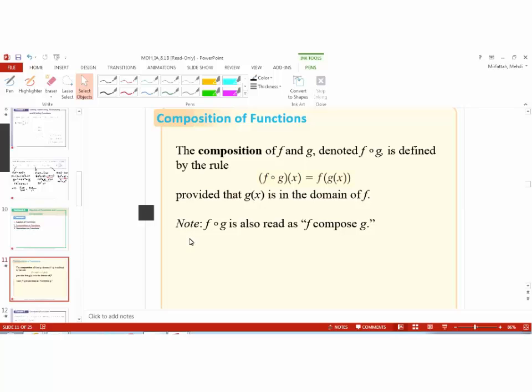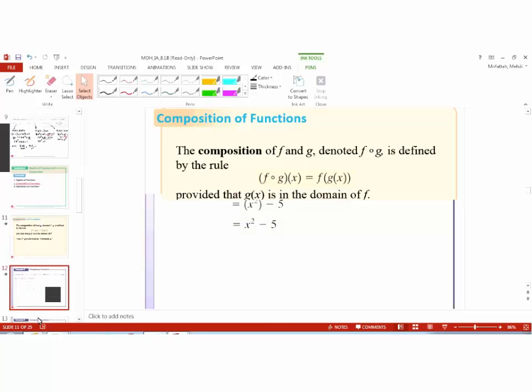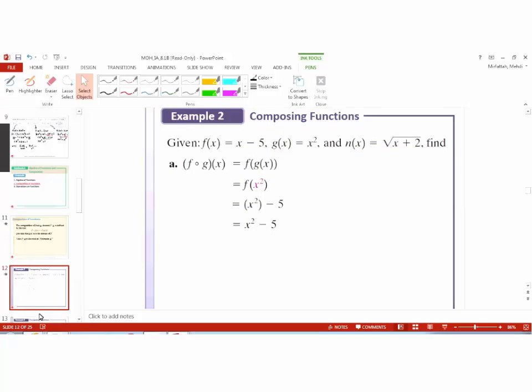And then there's a little note here: composition of f with respect to g is also read as f compose g. This is a symbol you need to know in order to do problems like this. Composing functions.